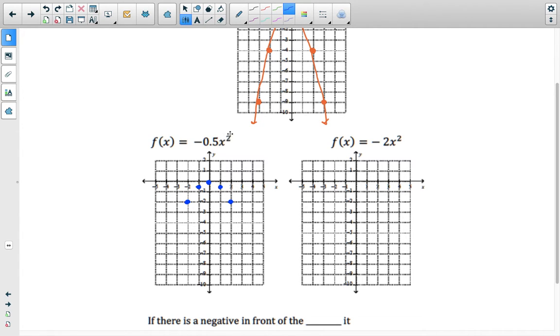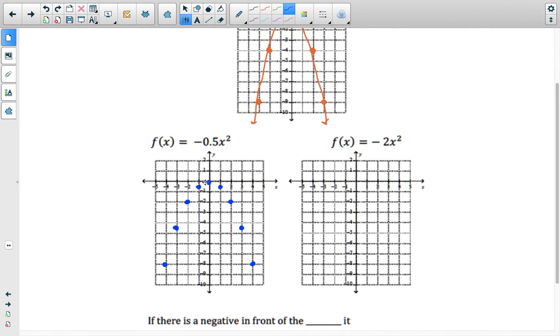So let's go to 3. 3 squared is 9, times a negative half is negative 4.5. Using the axis of symmetry, we have the same at the negative 3 coordinate. And we'll do 4. 4 squared is 16, times a negative half is negative 8. And then we'll use symmetry.